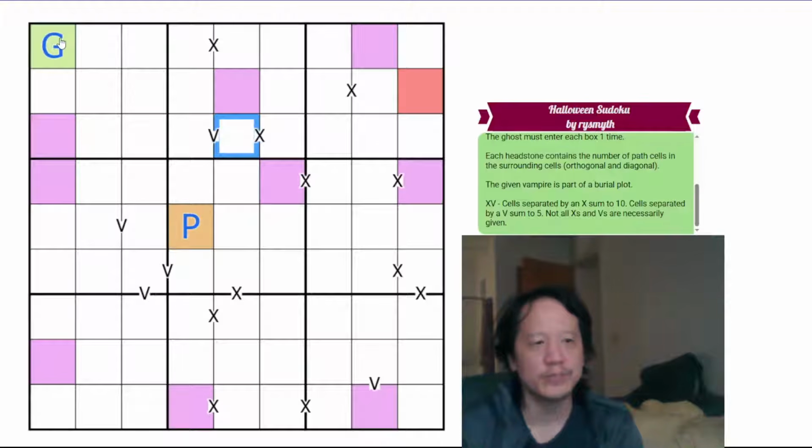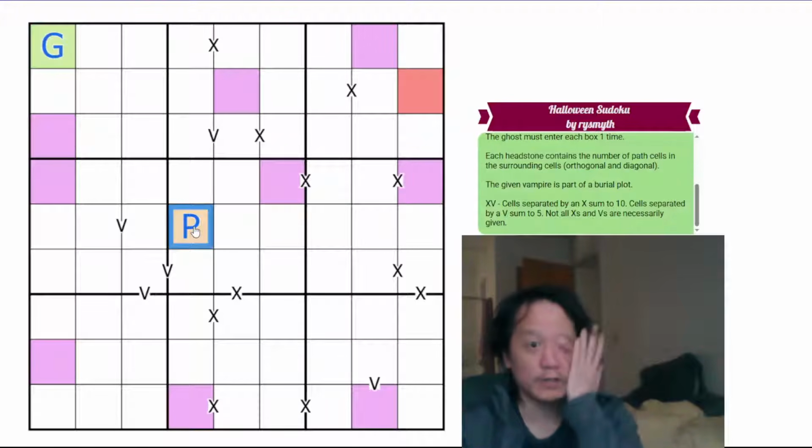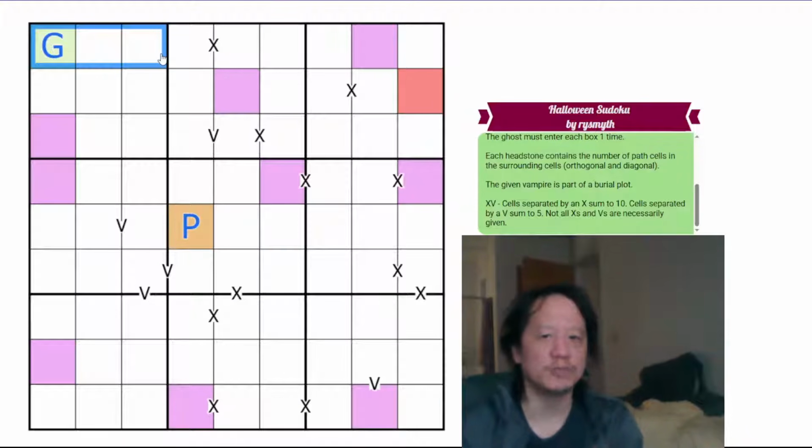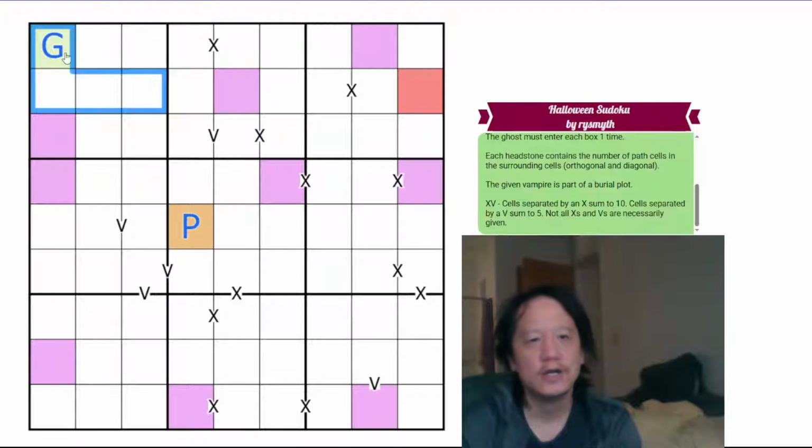So you're trying to make a path from the ghost to the pumpkin, which is the green G to the orange P. The ghost must enter each box one time. I think it's considered enter. In fact, it almost has to be. It has to be considered entered for box 1, because otherwise you're going to have problems.